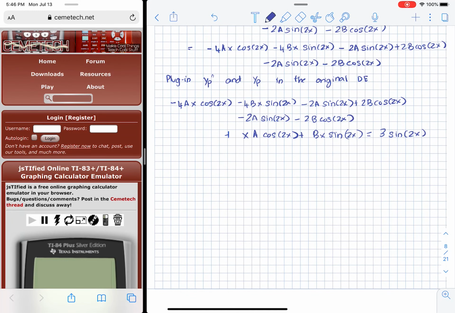So combine all the cosine terms and the sine terms. So x cosine 2x is our first term, and that would give us the equation minus 4a plus a, and that's all we see, which would give us minus 5a.